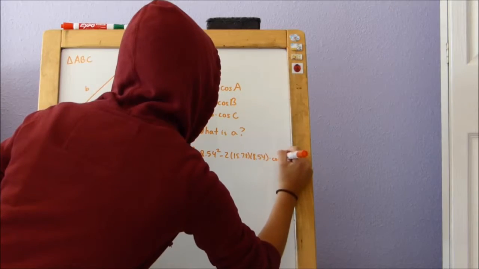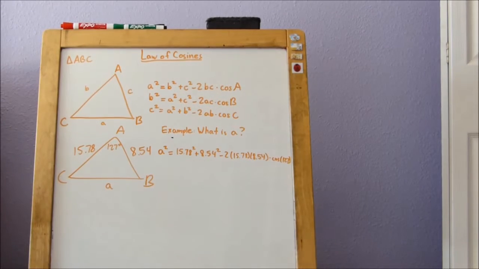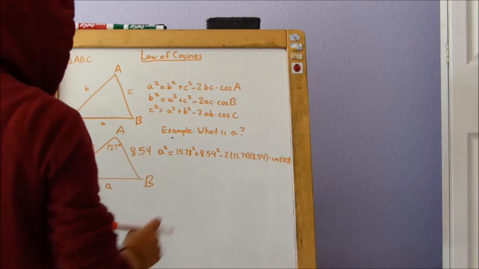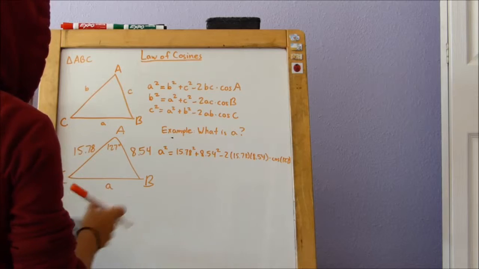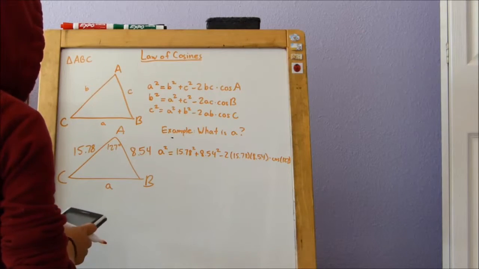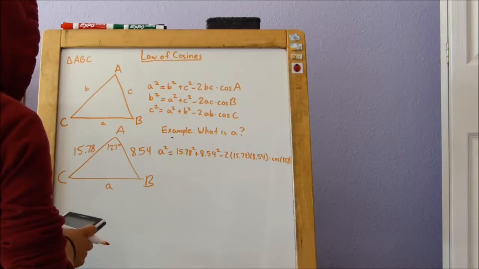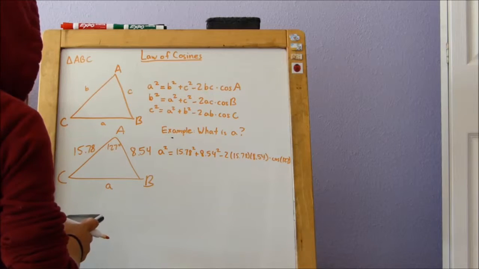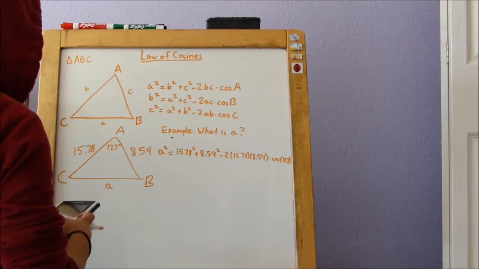So cosine of 127. Now, using my calculator here, we're going to simplify all of this, and we're just going to enter it all into my calculator: plus 8.54 squared minus 2, 15.78, 8.54 times cosine 127.